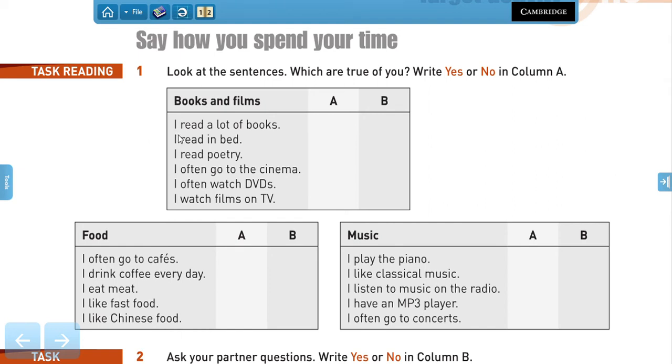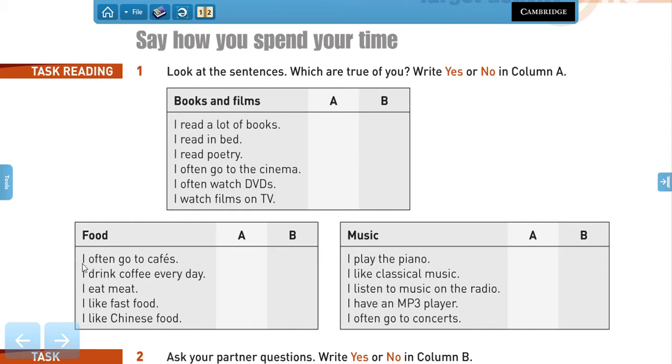So, for example, number 1 would be, do you read a lot of books? Do you read in bed? Do you read poetry? Do you often go to the cinema? Do you watch DVDs? Do you watch films on TV?